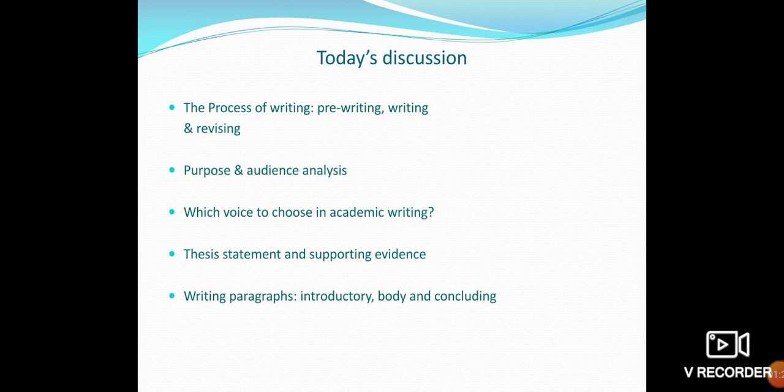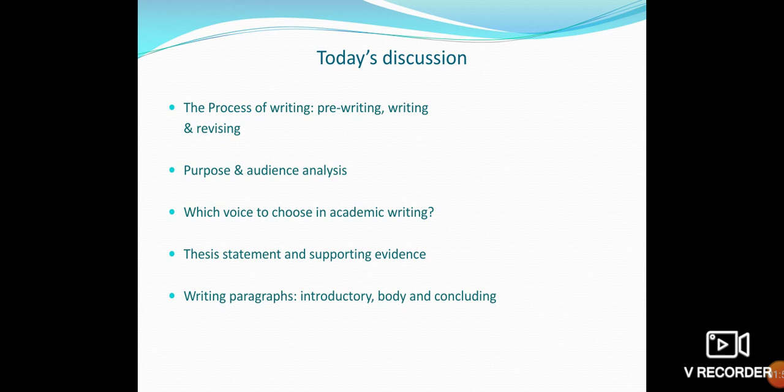In this unit, we are going to see topics like the process of writing, purpose and audience analysis, which voice to choose in academic writing, thesis statement and supporting evidence, and writing paragraphs. Even though we have got a glimpse of some of the topics here, we will discuss them in detail under this unit.